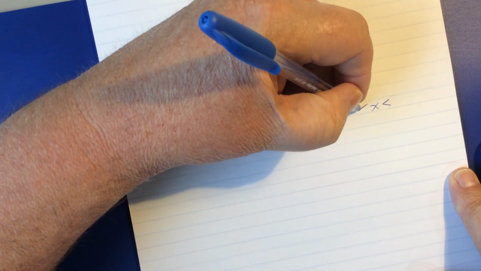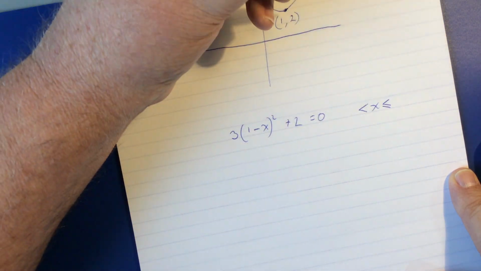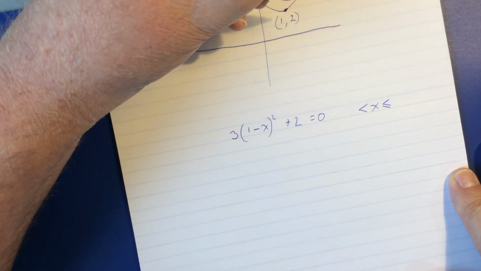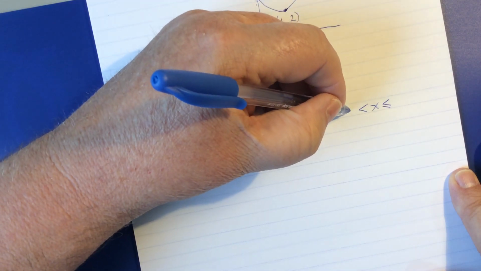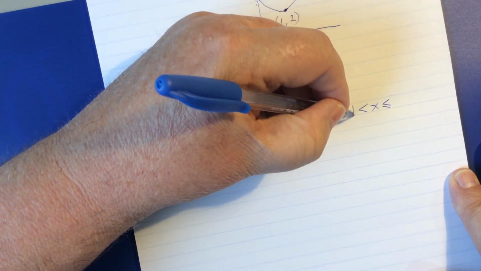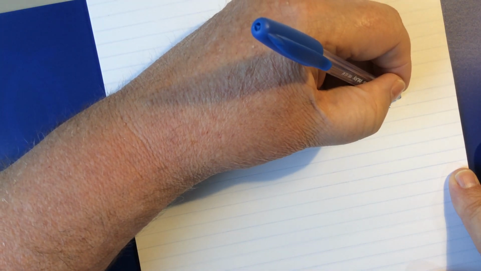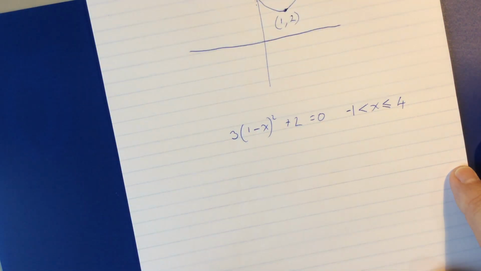Let's make this negative 1, less than x, and we'll make this 4, less than or equal to. Okay? Right. So what do you do in a circumstance like this?